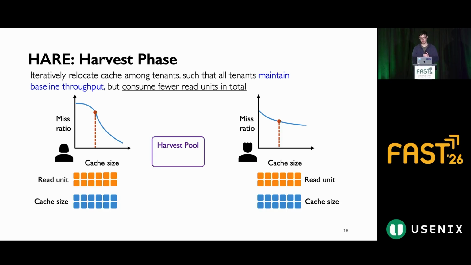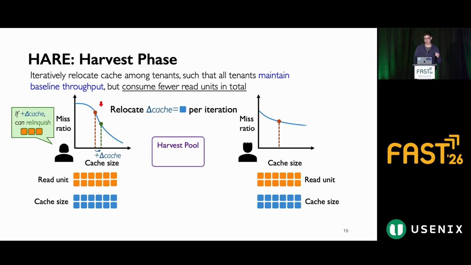In this example, we're assuming that in every iteration, we relocate one blue chunk of cache. For Alice, given an actual cache chunk, her miss ratio will decrease so that she will demand fewer read units for the same target throughput. Here, she can relinquish 3 orange read units. For Bob, if we take away a cache chunk, his miss ratio will increase.